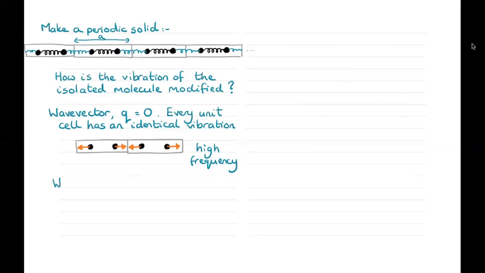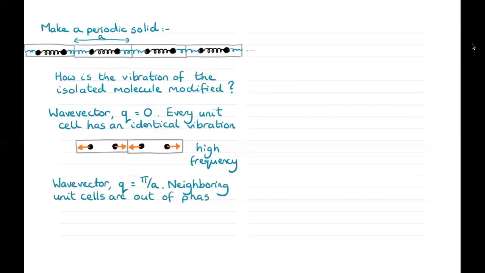If we go to the boundary of the Brillouin zone, the wave vector is equal to pi over a, we know that this means that neighboring unit cells are out of phase with each other. So again, let's just make a cartoon of what this looks like for this particular lattice vibration. Here are two unit cells.